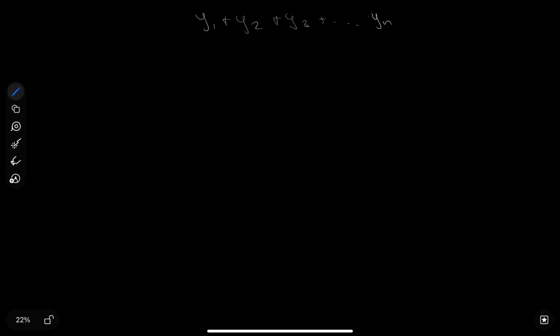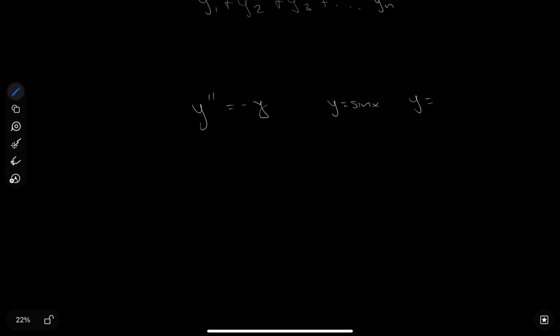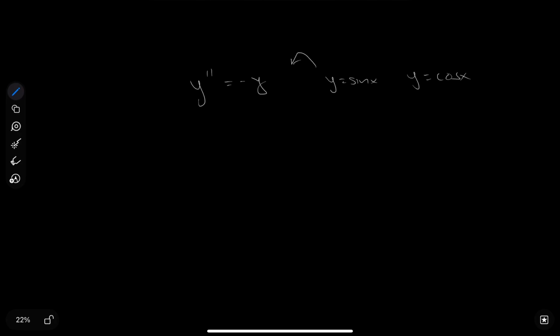So we're going to go back to the example with y double prime equals negative y. So both solutions you can show, y equals sine x, which we did, and then also y equals cosine x, are valid solutions to this differential equation. So by linearity, the solution y equals sine of x plus cosine of x should be a solution, apologies, to this same differential equation.